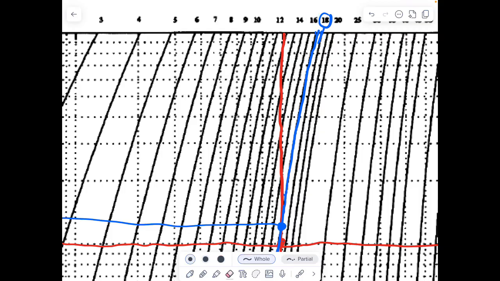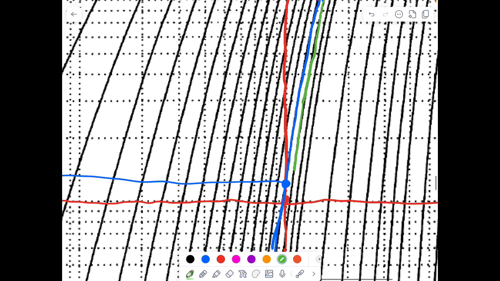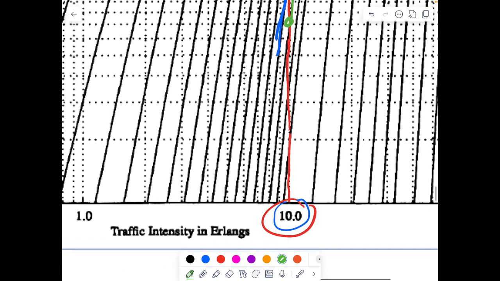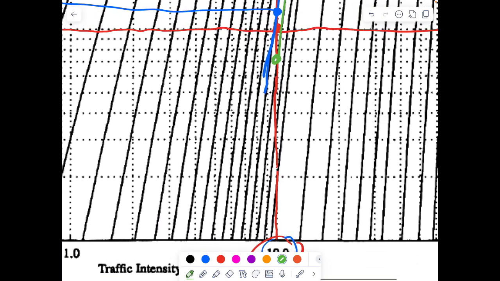Sorry, this one is 17. What if you use 18? So 18 is right here. So this is where A is equal to 10.